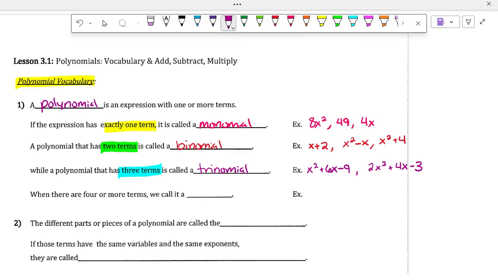Now, does anyone take a shot in the dark of what a polynomial is called with four or more terms? It's just called a polynomial. All right. So we only have special names for the first three. After that, we just call it a plain old polynomial. So if it has four terms or more, it's just a polynomial.